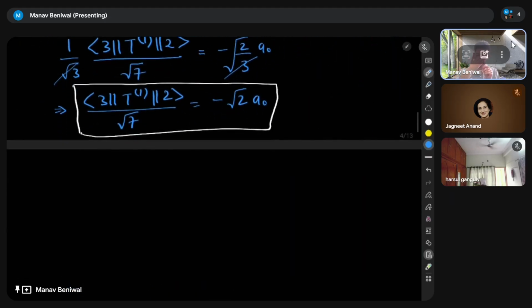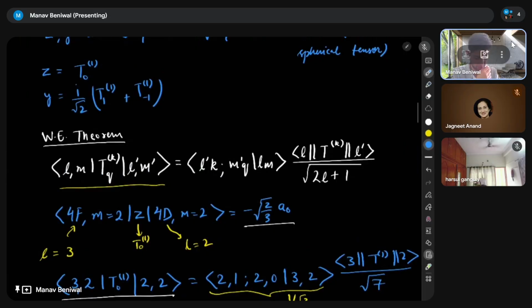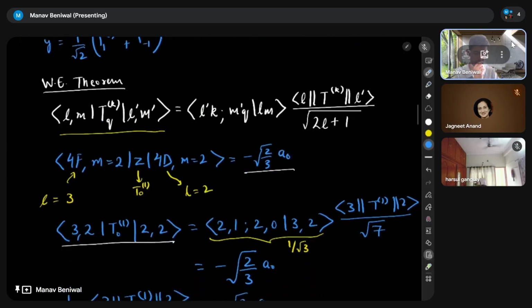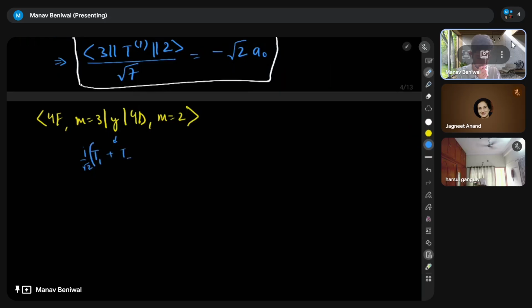So what do we have now? For y, we are asked to find out this value: for f, m is 3, y 4d, and m is 2. We are asked to find this out. Now we know that y can be written as iota by root 2 t1 plus t minus 1.